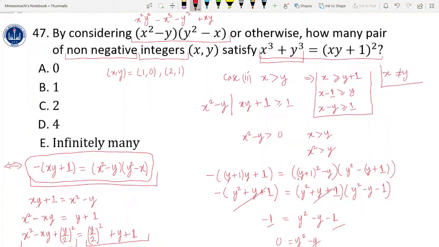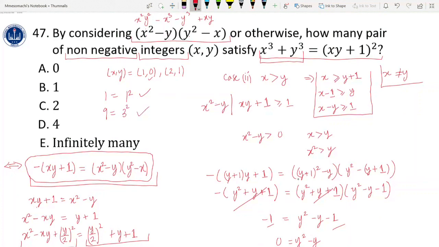So 1 cubed plus 0, so that is 1, is equal to 1 times 0 plus 1 all squared, so that is 1 squared. So it works. So this first one works. And then let's check for 2 1. So 2 cubed plus 1 cubed, that is 8 plus 1, and that is going to be 9, equals, so I have 2 times 1 plus 1, that is 3 squared.